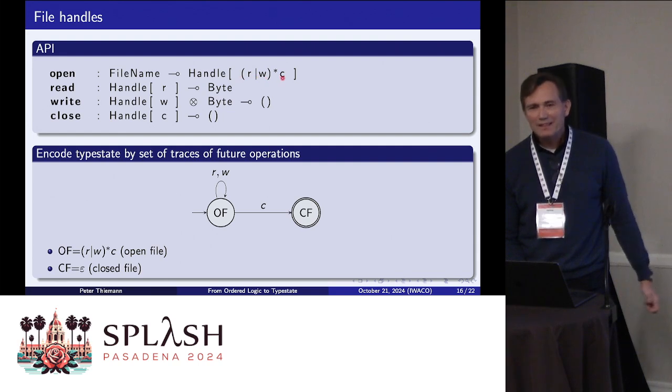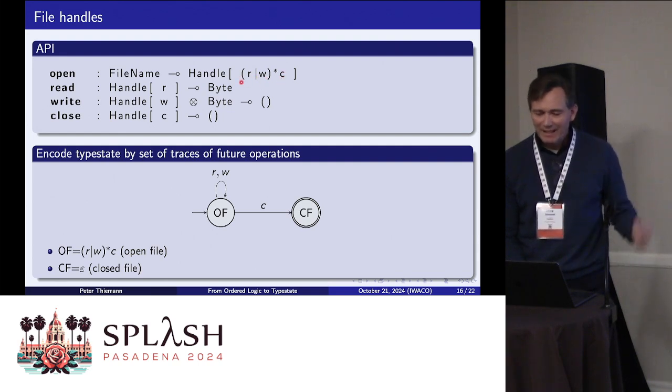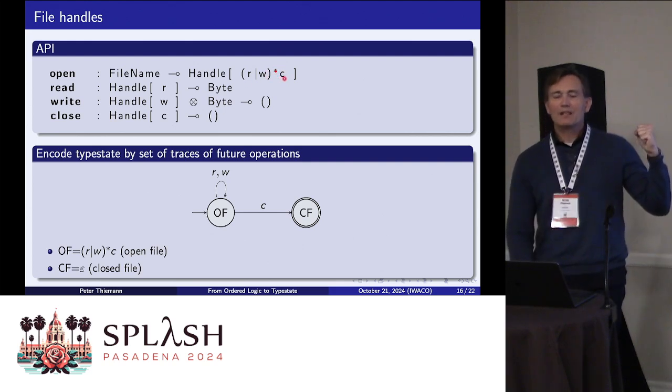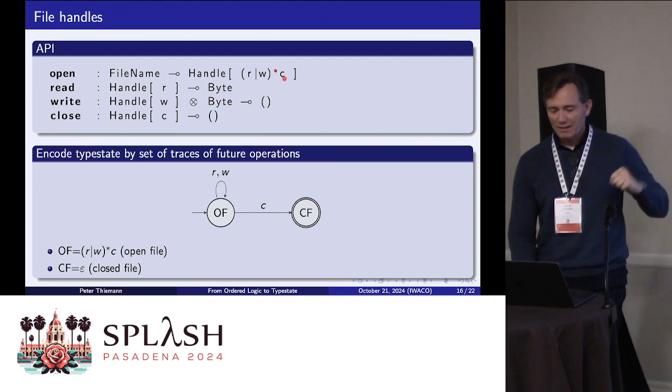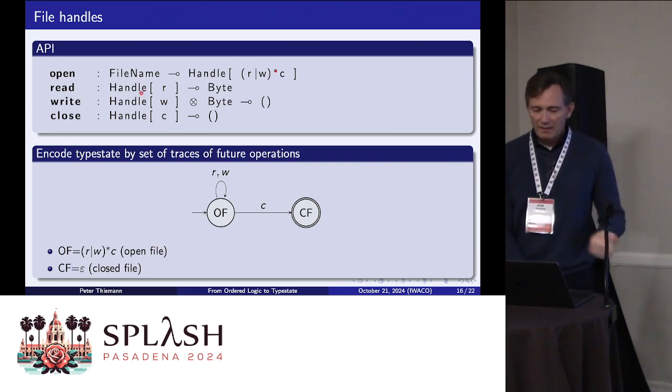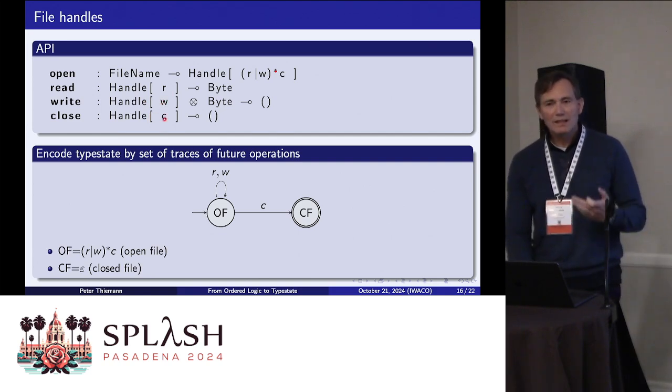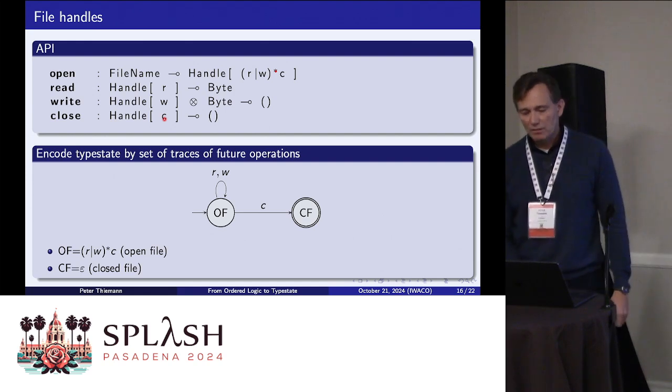You could consider this a capability in a way that says, hey, on this handle you can do read or write arbitrarily often, and then you have to close, right? That's what it says. And then you can also see here, in order to read, you need a handle that has the capability to read once. To write, you need a handle and so on. And to close, you need a handle that has the capability to close.